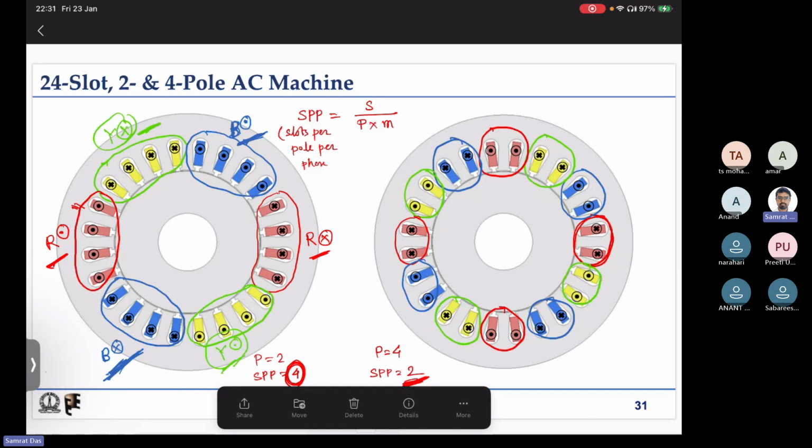If one side is going at some angle and the other side is going at approximately 180-degree angle, then you know that it is a two pole machine, as you can see on the left hand side. But if you see that it is approximately at 90 degree, then it's likely a four pole machine.